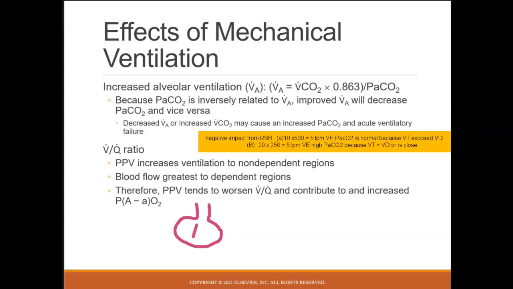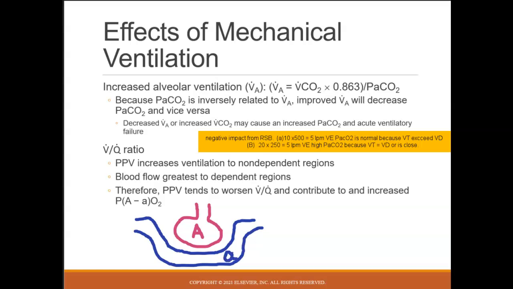this is my big A here. My PAO2 is what's inside the alveoli, and my PaO2 is what gets into the capillaries. The gradient is the difference between these two.